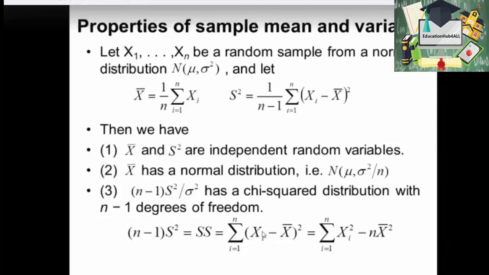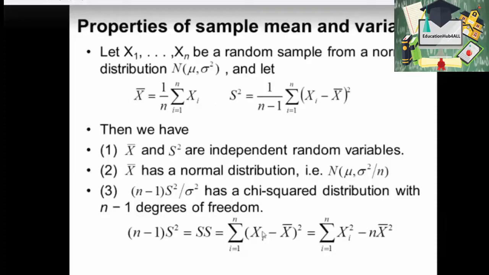So the first one says that the sample mean and the sample variance are independent. Because as I said, the sample mean and sample variance are again random variables, so we can talk about whether two random variables are correlated or have some relationship.